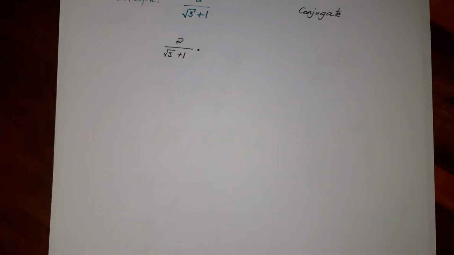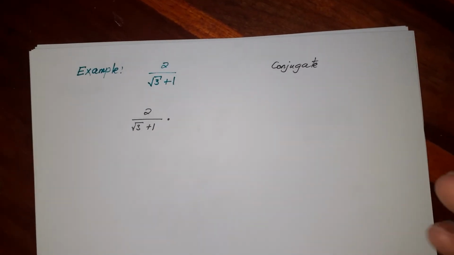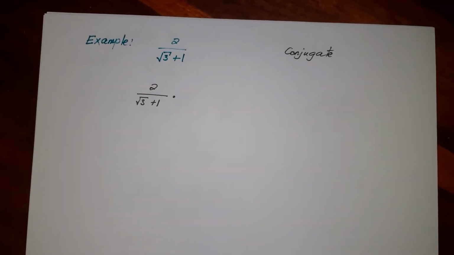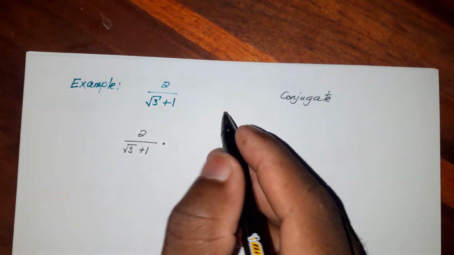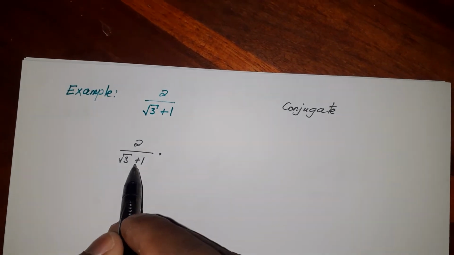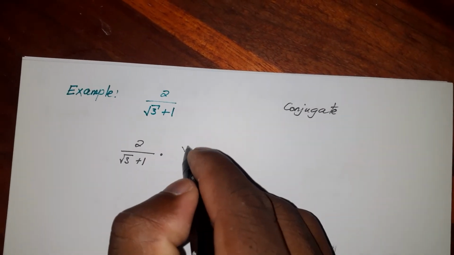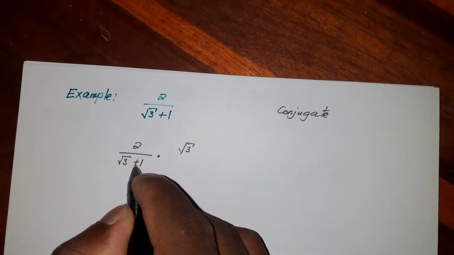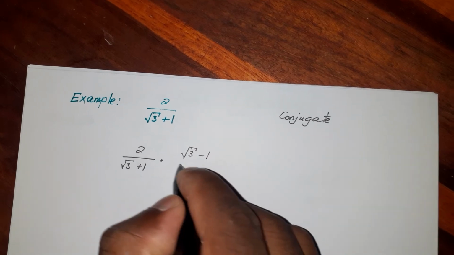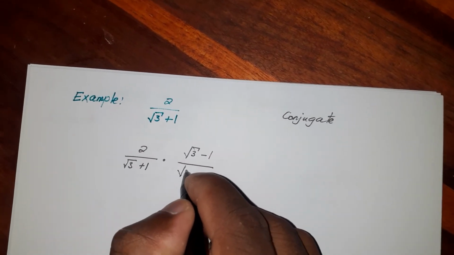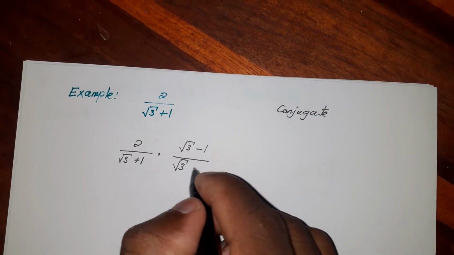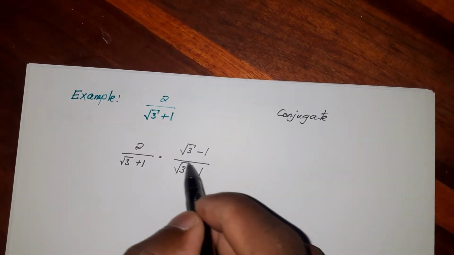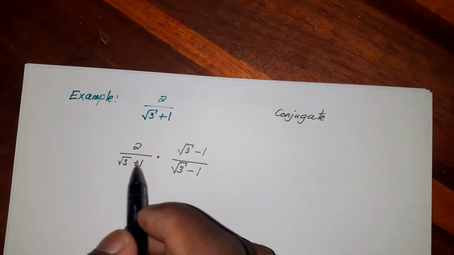In this case now, we are still going to take the denominator again to multiply top and bottom. But what's going to change is the sign. So we're going to multiply, we have square root of 3. Instead of plus, we put minus over square root of 3. Again, instead of plus, we put minus. Now this is the conjugate of that.